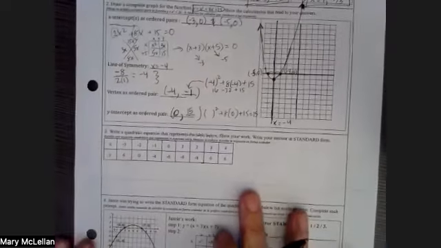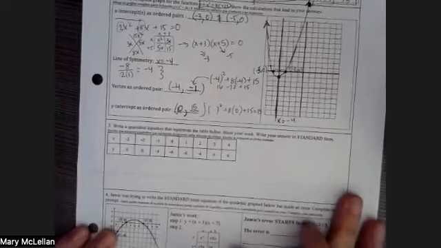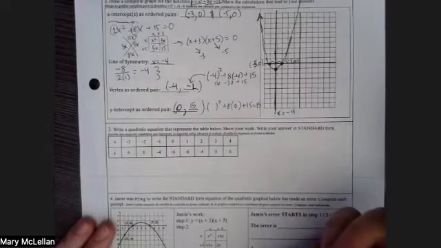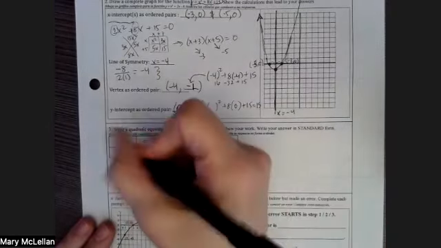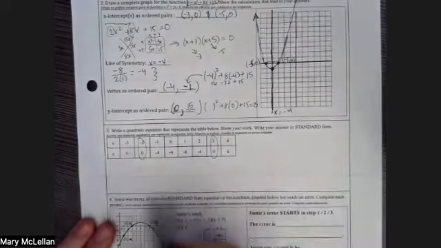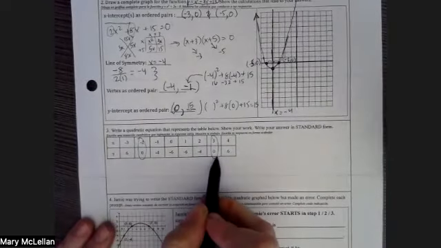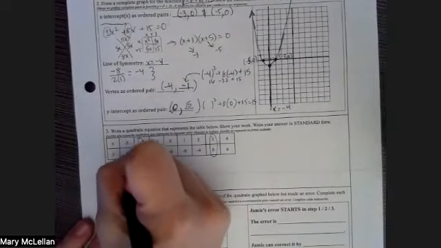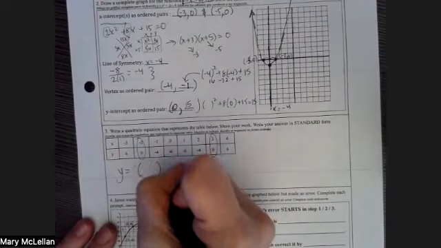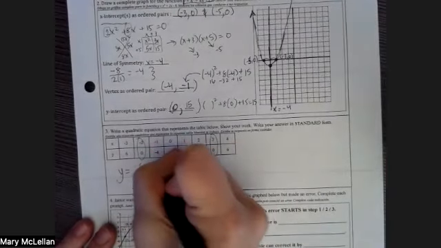Write an equation that represents the table below. Show your work. Write your answer in standard form. Okay. So I start with my x-intercepts. I just want to make sure I take my x-intercepts and I go backwards. So if I were to get an x-intercept of -2, that would be from having a factored form of x plus 2.